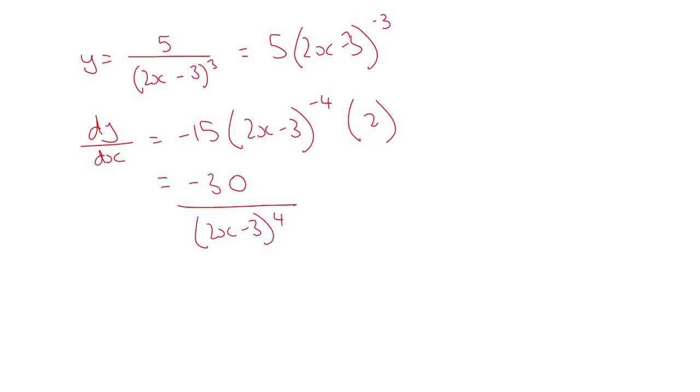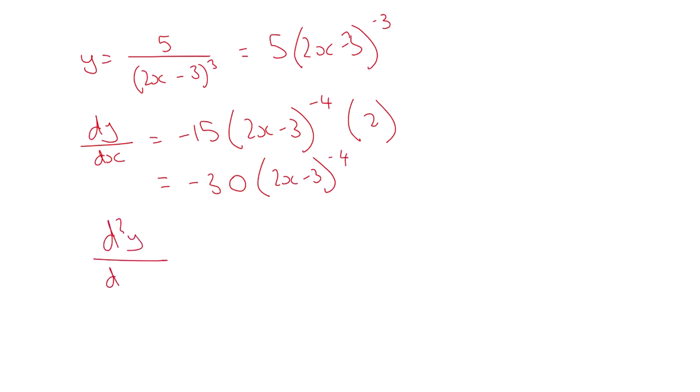You with me? Now, if I want to find my second derivative, should I have put it in this form? No, because if I put it in that form, I'm going to have trouble deriving it. So I'm actually going to leave it as a negative power because my question's not over yet. So this is actually negative 30 times (2x minus 3) to the power of negative 4. Okay, so let's find our second derivative.